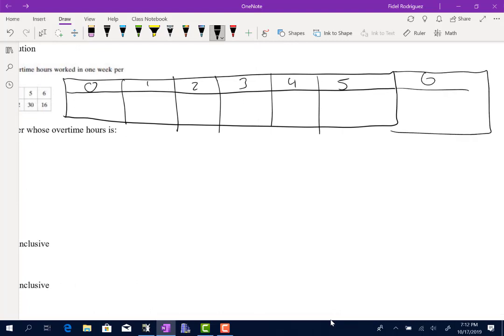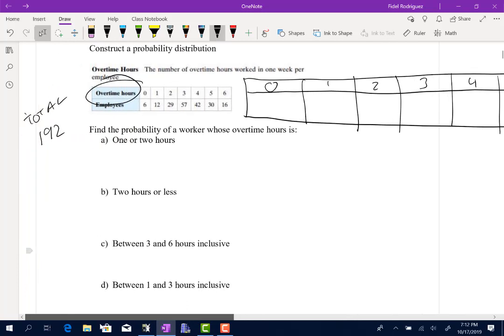Okay, so then the next thing we need to do is figure out our probabilities. We know the total is what number again? 192.